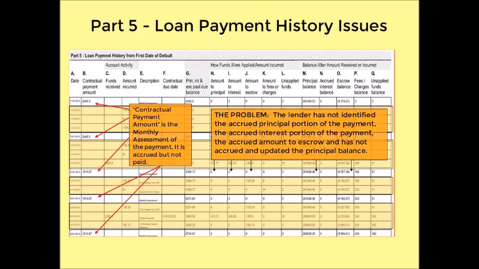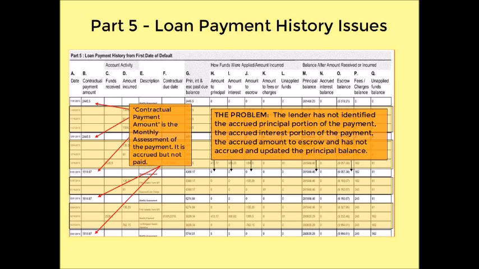But whoever developed this form for the bankruptcy court did an excellent job, from someone that looks at accountings all the time, because they talk about whether funds were actually applied or actually incurred. That becomes extremely important, because in order to determine how much the pre-petition arrearage is, you need to know how much the payment is, so whatever the contractual payment amount is, and then its component breakdown of principal, interest, and whether there was an impound account.